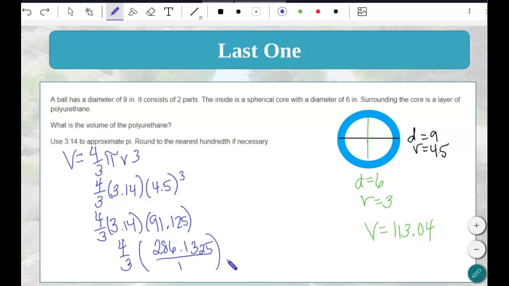It is 1,144.53. And then divide that by 3. I'm just going to keep going out here because I'm running out of room. 301.51.